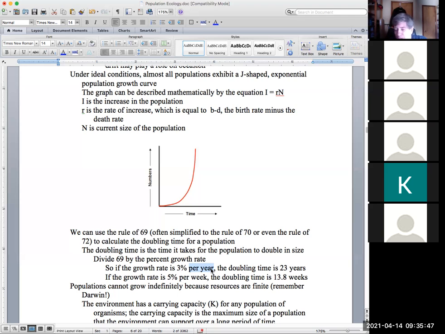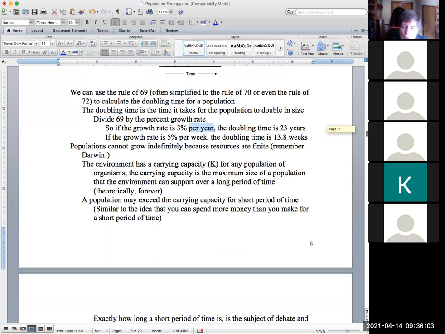We could look at the growth rate per century. We could look at the growth rate per hour, per day. It really depends on how quickly the organism that we're studying reproduces and how long this organism's lifespan is. So we kind of have to pick a time frame that's appropriate.